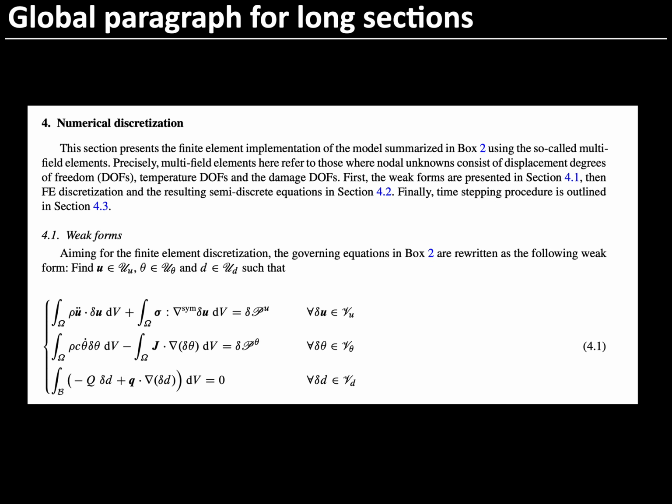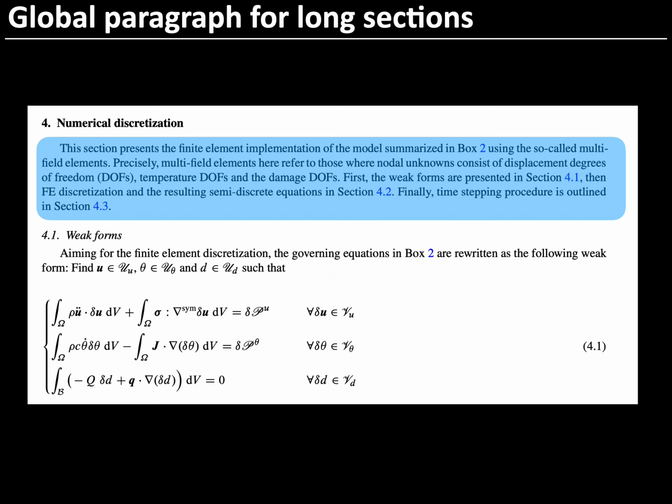Another point I want to mention is the global paragraph for a long section. So assume that section 4 here is numerical discretization, whatsoever, doesn't matter. It's a very long section, maybe 2 pages long or more. And then many people don't have this blue paragraph. They just go from 4 directly to subsection 4.1, 4.2. And then it's really hard to follow.